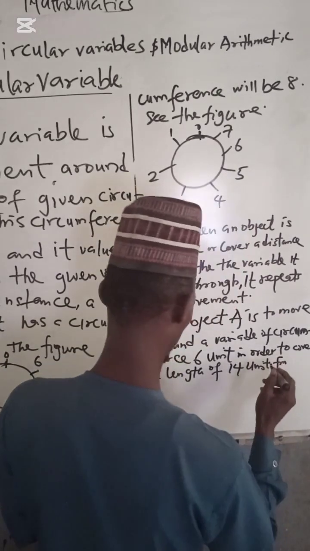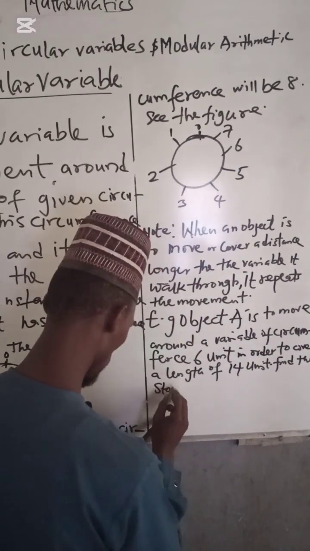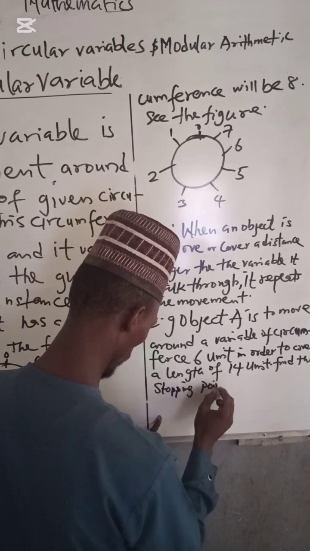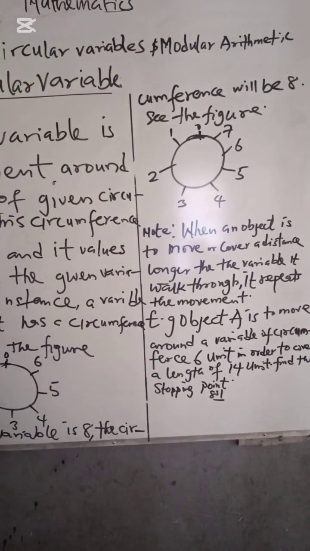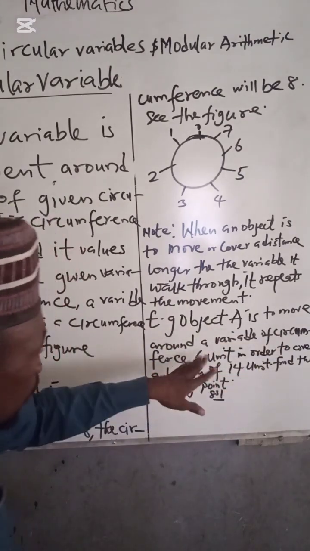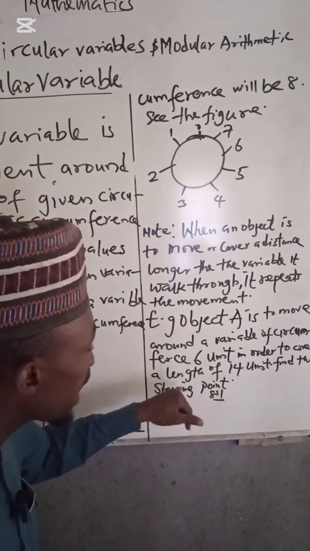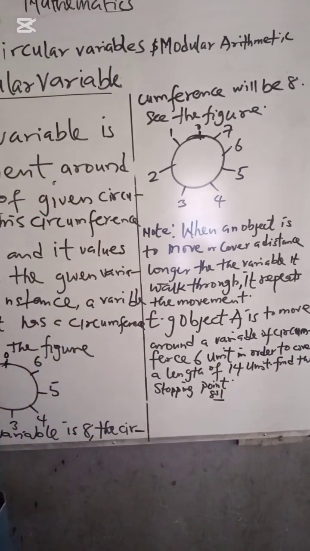Find the stopping point. Now, let's look at this. Object A is to move around a variable of circumference 6 units in order to cover a length of 14 units. Find the stopping point.